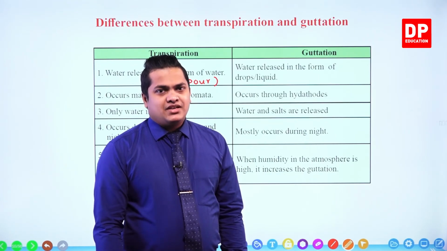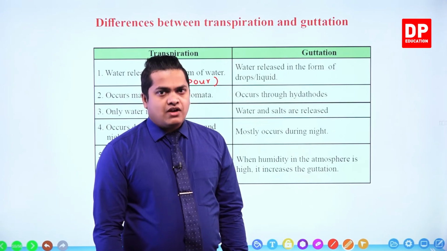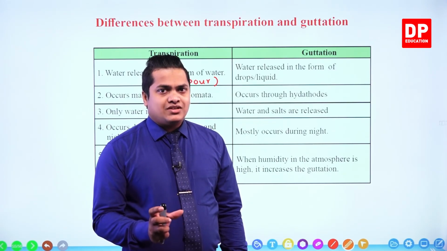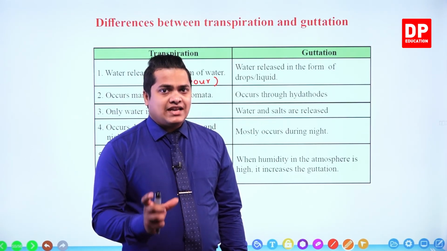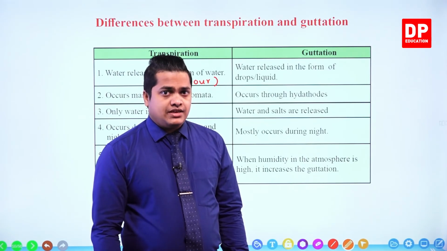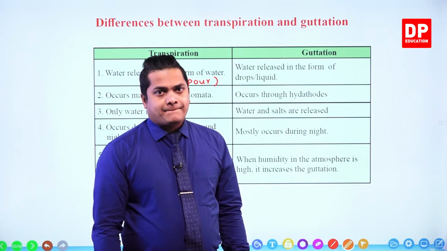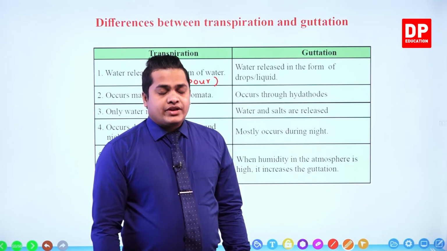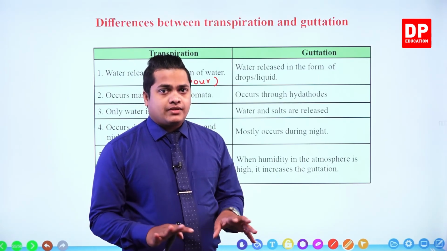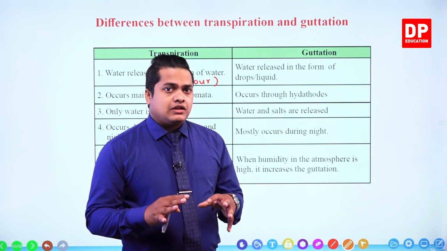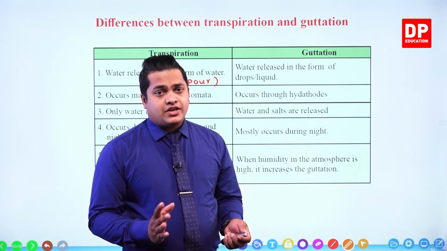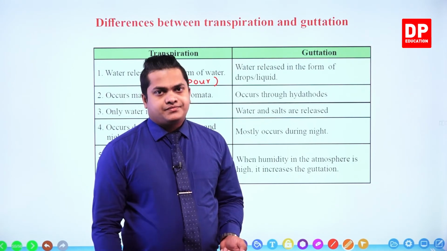High temperature conditions cannot be observed if there is high humidity. So therefore, the rate of transpiration in areas that have high humidity is going to decrease, right? During the period of high humidity, the rate of transpiration is going to decrease.